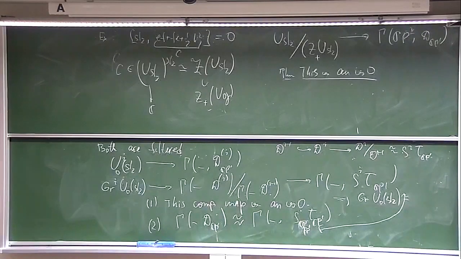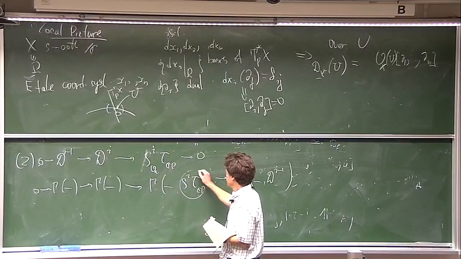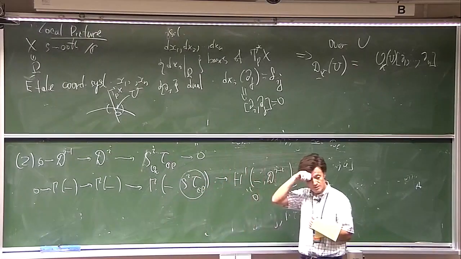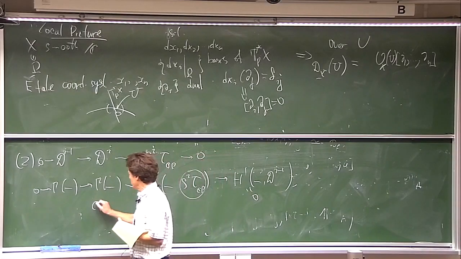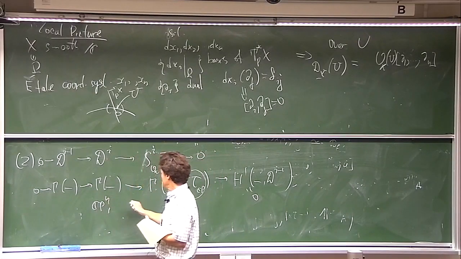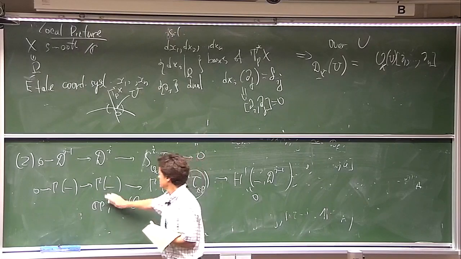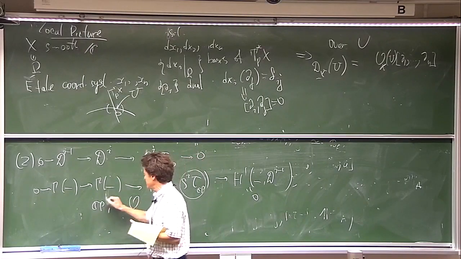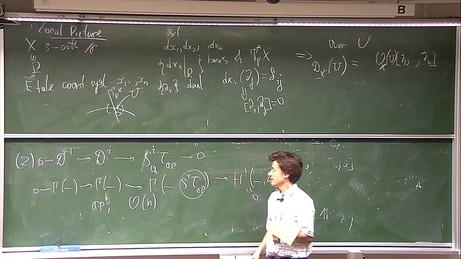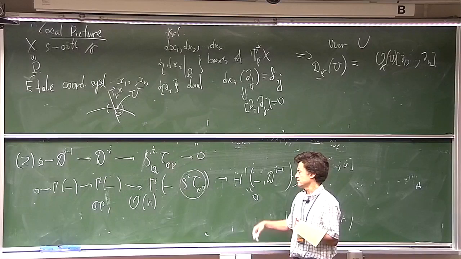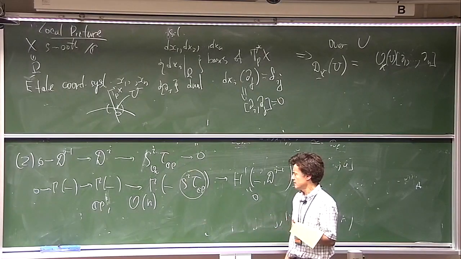So why is it? That's because everybody knows what this is. CP1 enjoys a family of sheaves, as does CPN, but in the case of CP1 it's especially easy. So there's a family of sheaves.